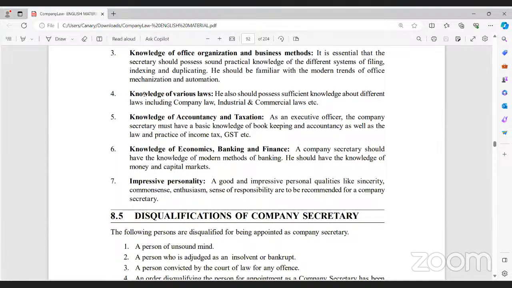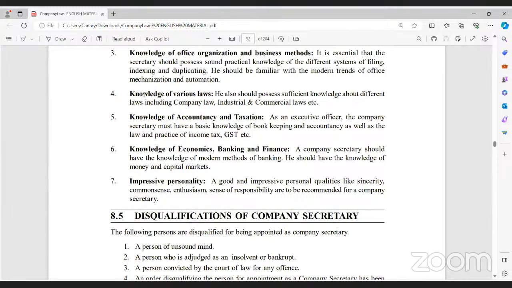He should possess accounting and taxation knowledge, because from time to time the firm has to pay various taxes and GST. If he has the knowledge, he can try to minimize them while taking steps forward, right? So he should also possess knowledge of accounting and taxation.